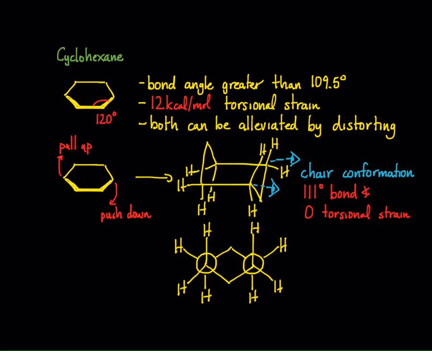And cyclohexane becomes extremely stable, much more stable than Baeyer ever predicted. He predicted there'd be a lot of angle strain. And in fact, there's hardly any angle strain whatsoever. Now, because of this, we see cyclohexane rings popping up all over organic chemistry.